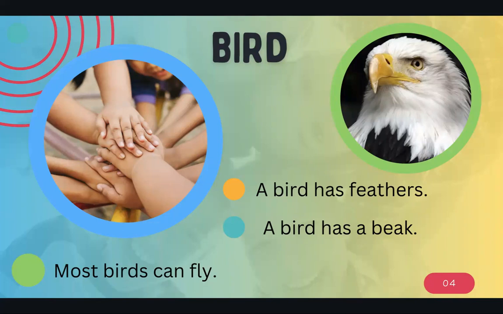Like, let's say for ducks, they need a flat bill in order to get to the sandy area of the stream, the river, or the lakes. They need that in order to get some shells for food.